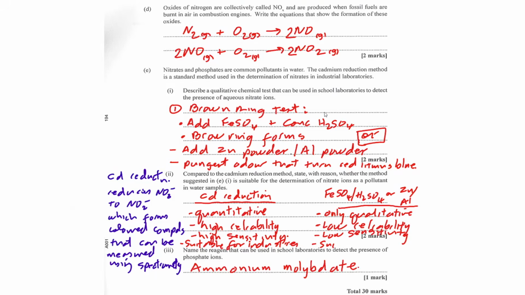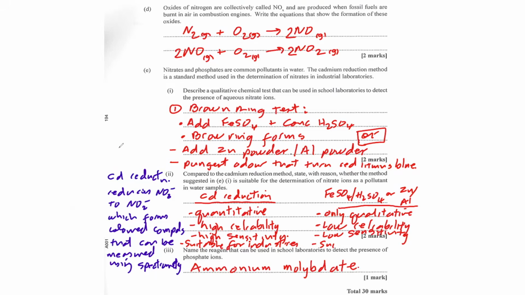Another test you could use is concentrated sulfuric acid followed by copper metal. And what you'll produce there is a blue solution of copper(II) nitrate and NO2 gas, a red-brown gas, which is acidic. Finally, you could use your zinc and aluminum powder. You can add that after adding sodium hydroxide.